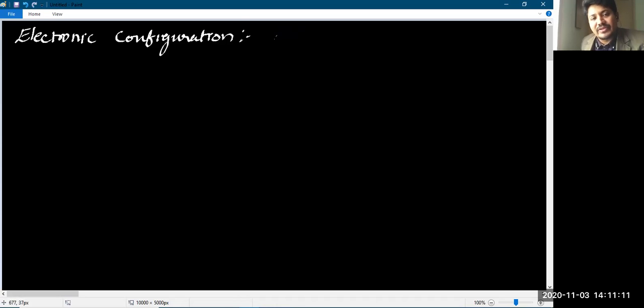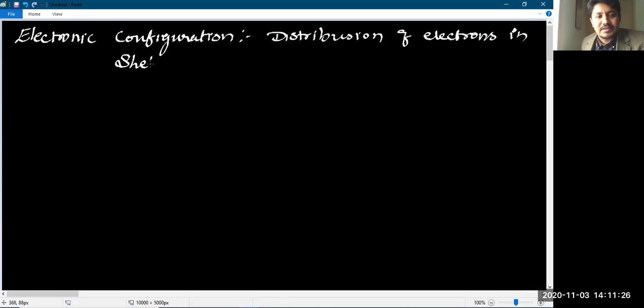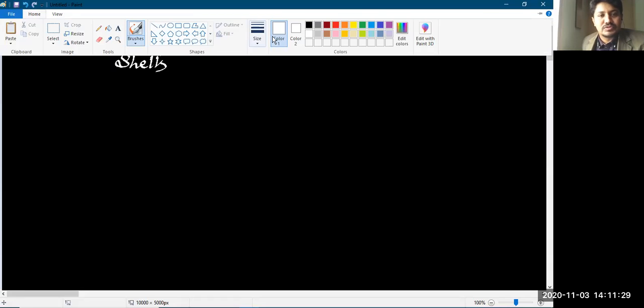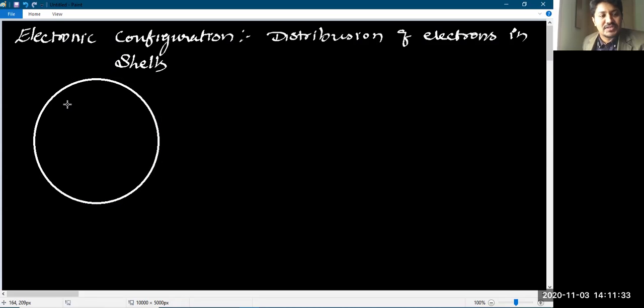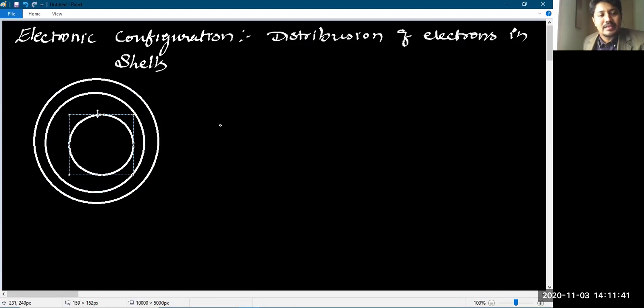That is, it means distribution of electrons in shells. You must remember that an atom consists of a number of shells. An atom contains K, L, M, N, O, P shells.